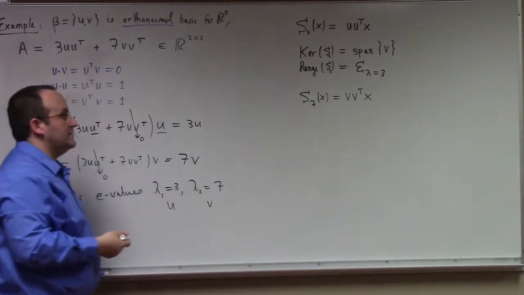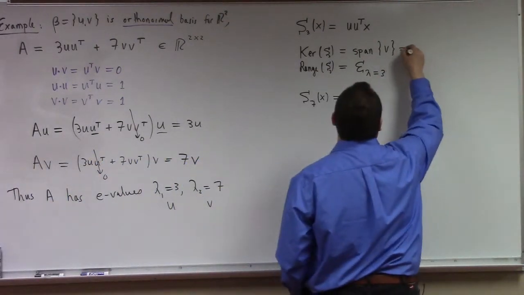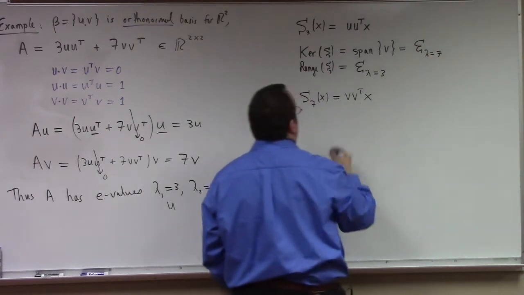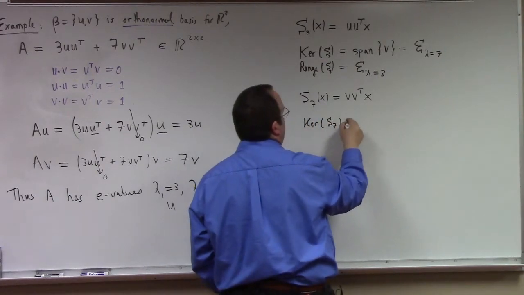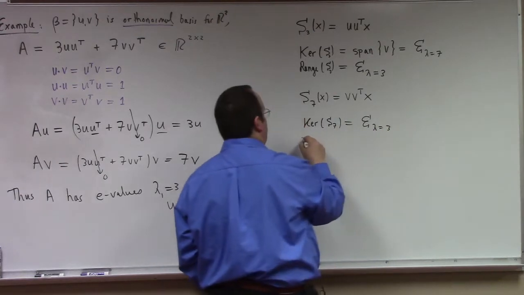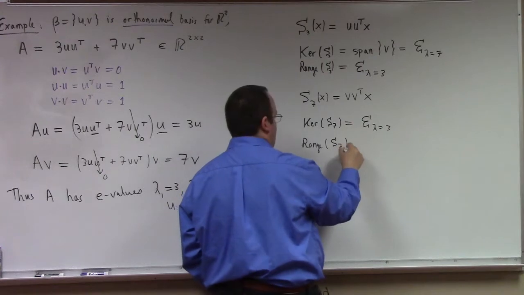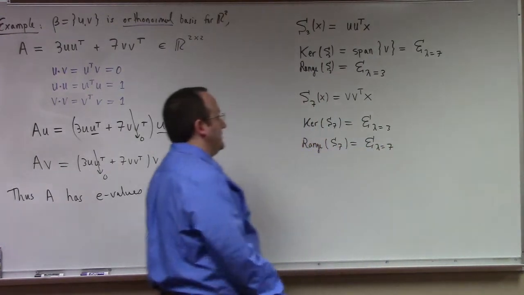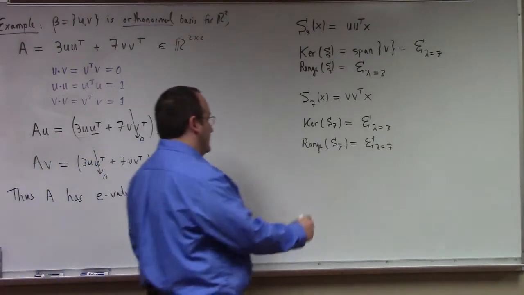That would have the kernel, by the way, this was the lambda equals 7 eigenspace, right? So vice versa, the kernel of S7 is the lambda equals 3 eigenspace, and the range of S7 is the lambda equals 7 eigenspace. All right, anyway. So you could look at these, right?